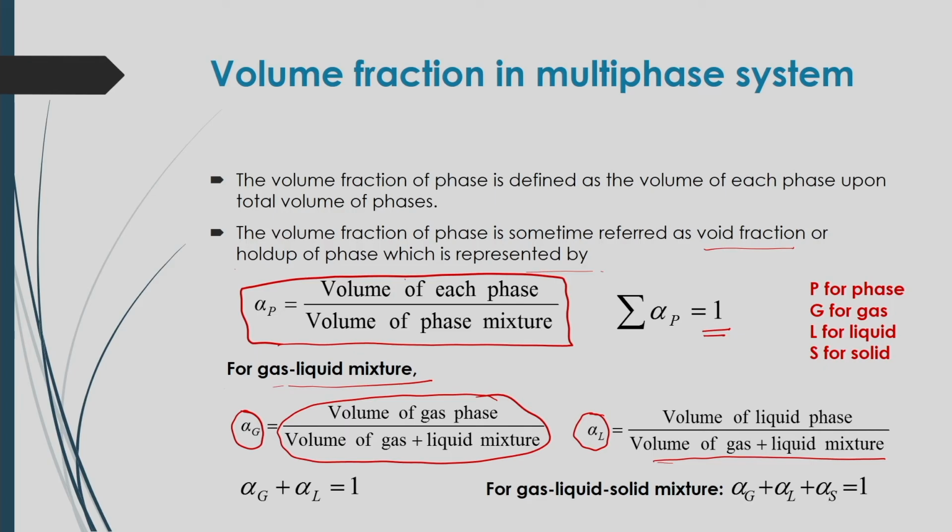In this case, the volume fraction of gas and volume fraction of liquid, if you sum them up, the total will be 1. Similarly for a gas liquid solid mixture, alpha g plus alpha L plus alpha S will be equal to 1. That means the summation of all void fractions or volume fractions of individual phases will be equal to 1.